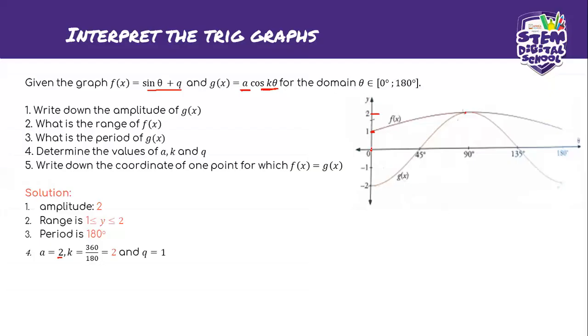From 0 up to this point here, you can see the graph shifted 1 unit upward. Hence, the value of q is equal to 1, because the original graph, remember, starts at 0 degrees. Now, in this case, it's no longer starting at 0. It starts at 1, meaning the graph shifted 1 unit upwards, right? Hence our value of q is equal to 1.